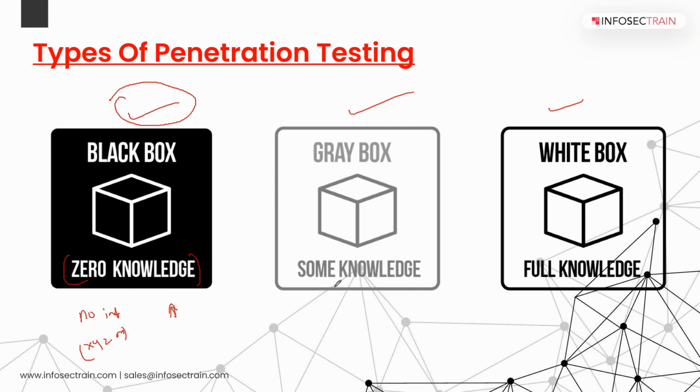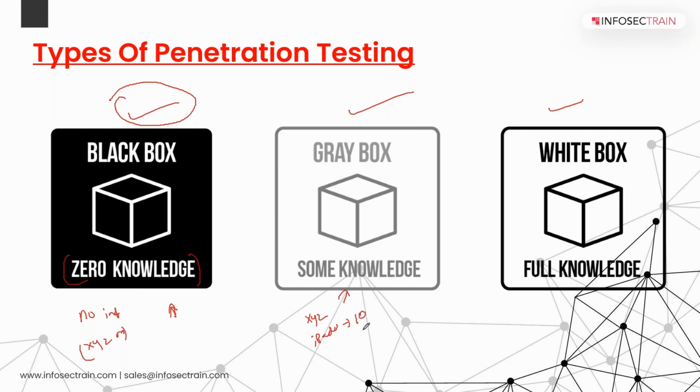In gray box, we have some knowledge about the target. For example, the name XYZ, along with that, the IP addresses. Let's suppose 10 IPs have been given. You need to perform a pen test on these 10 IPs.